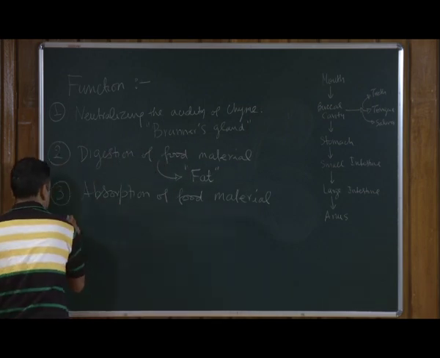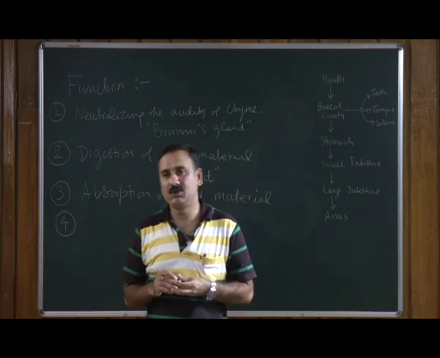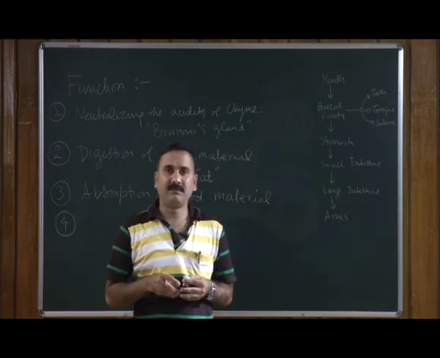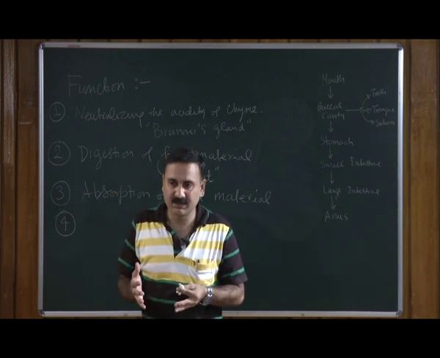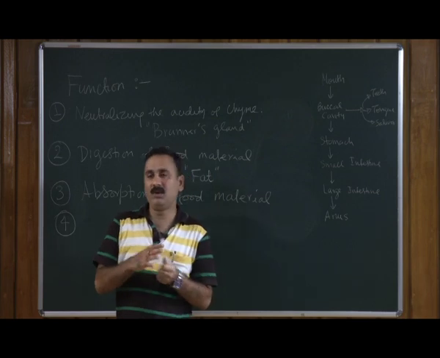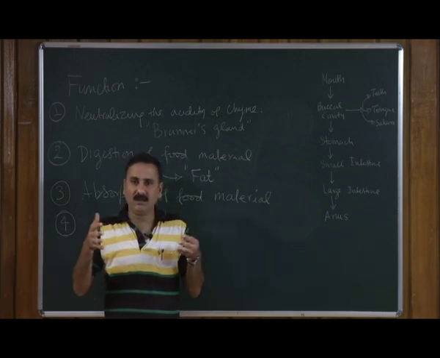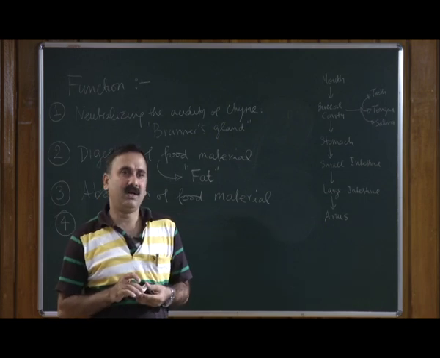Number 4. The number 4 function is that it produces different types of hormones, and the purpose of these hormones is to control the different types of secretion as well as the absorption activities within the alimentary canal.